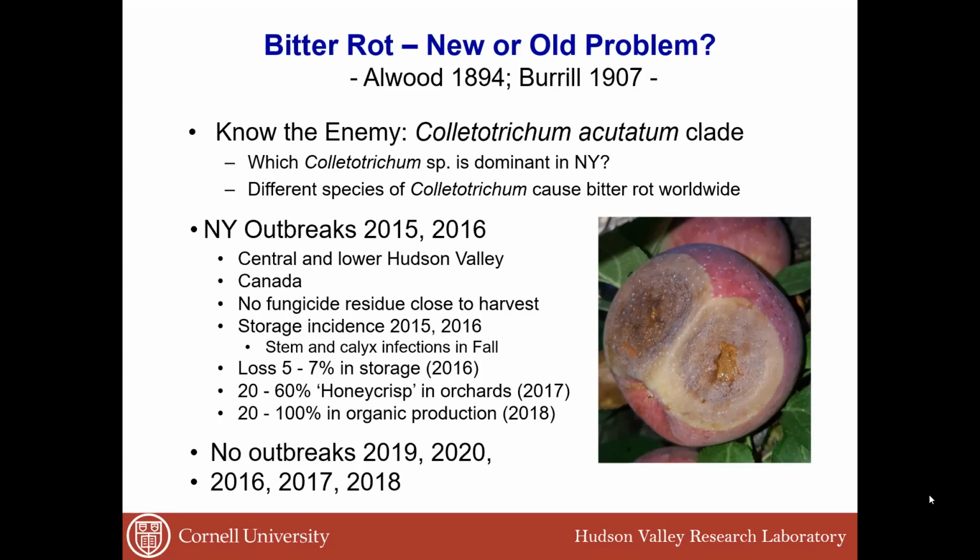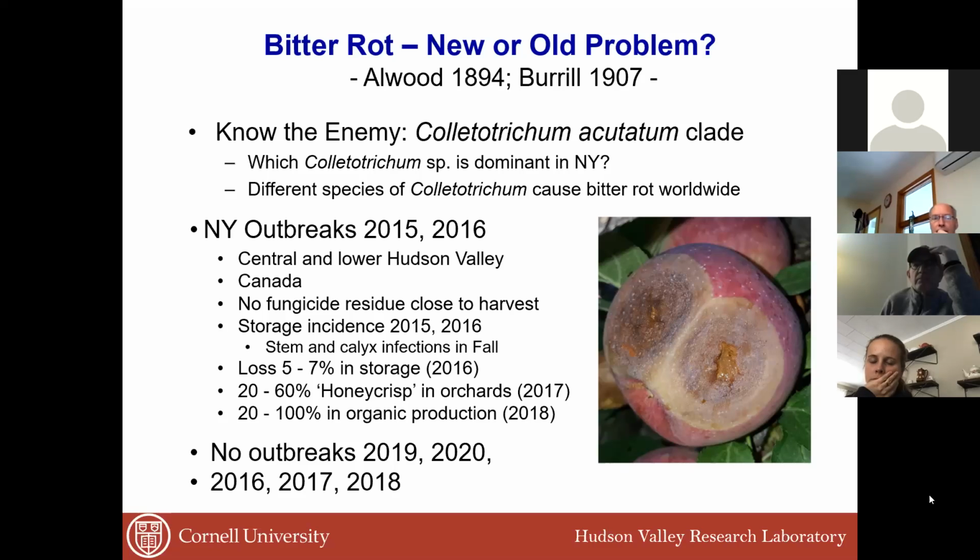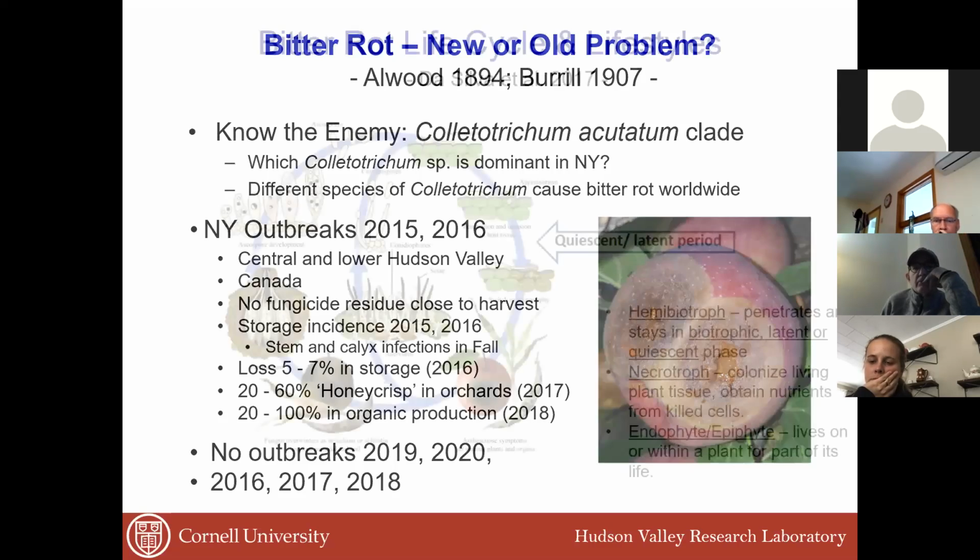And overall, in certain years, such as 2017, 18, we have seen losses up to 60 to 80% in certain orchards. However, we did not have severe outbreaks in 2019 and 20. In 2020, likely because of the drought, which was most likely the reason why we did not see too many problems with this disease. But we did have them in 2016, 17, and 18.